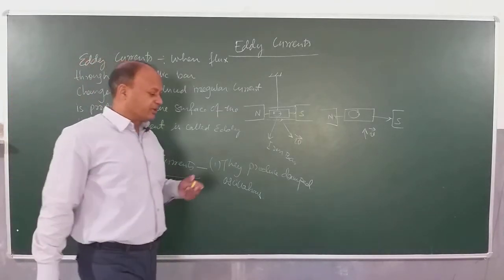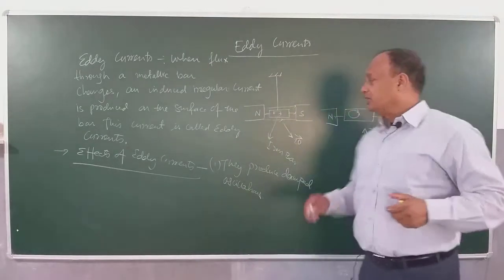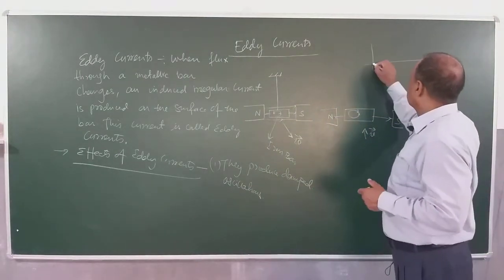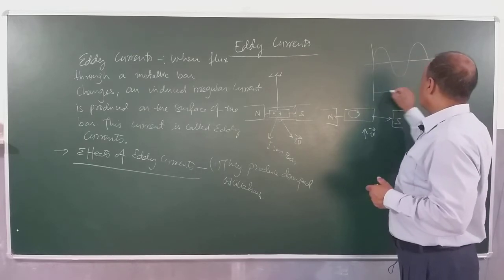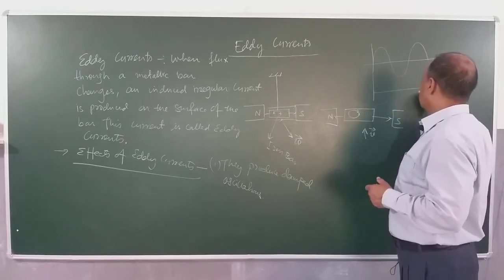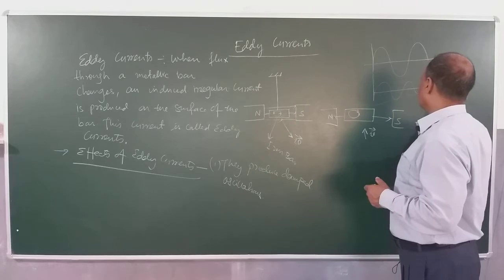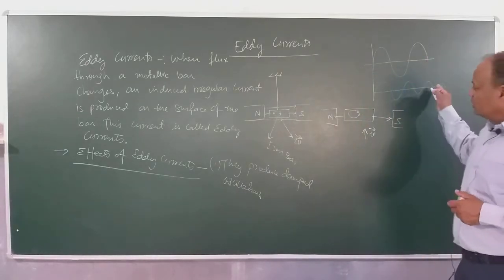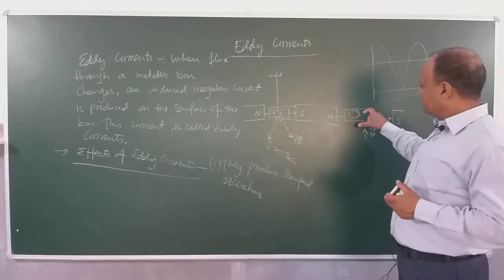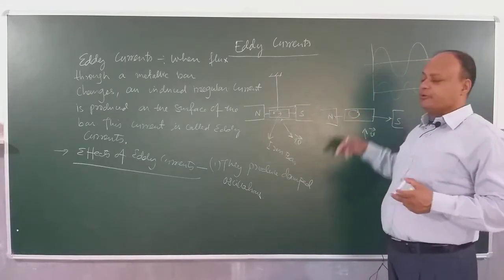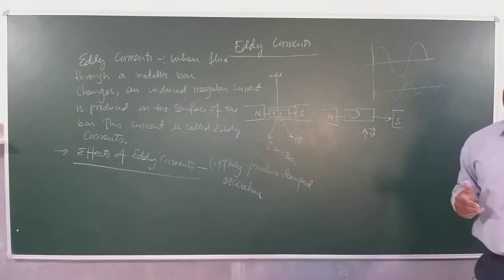In fact, you have done this in class 11 physics. In ideal oscillations, amplitude remains the same, and these are damped oscillations where you can see that amplitude goes on decreasing, right? So eddy current do something like this. They will not allow this iron bar to move freely between the poles through the magnetic field lines.